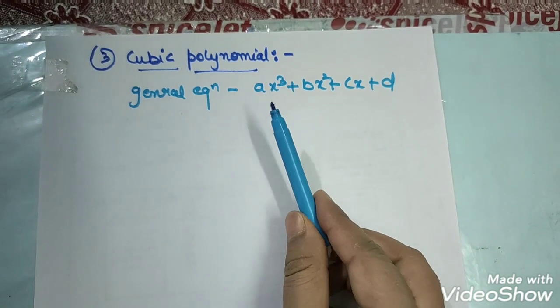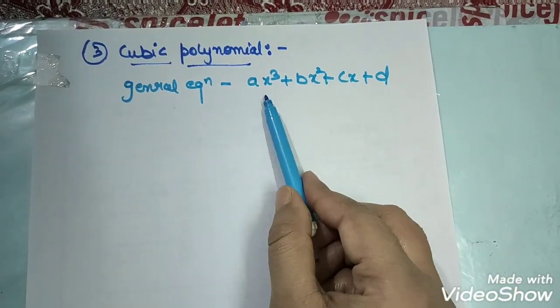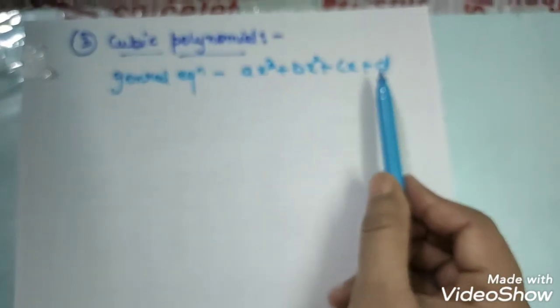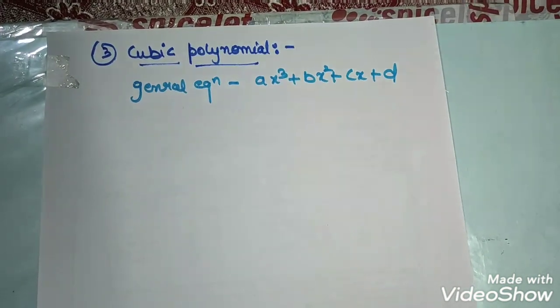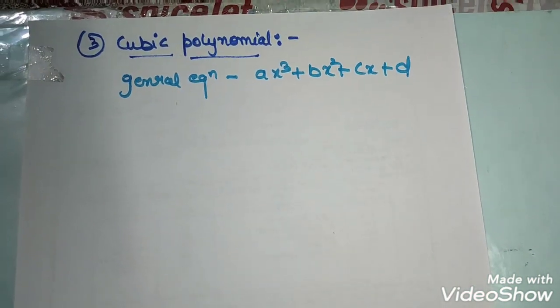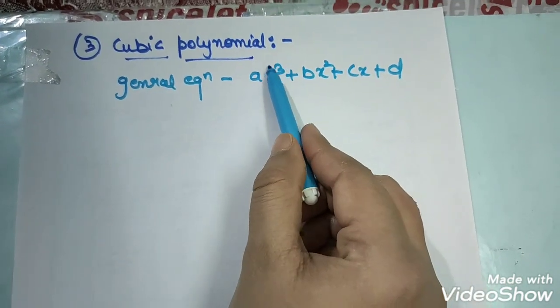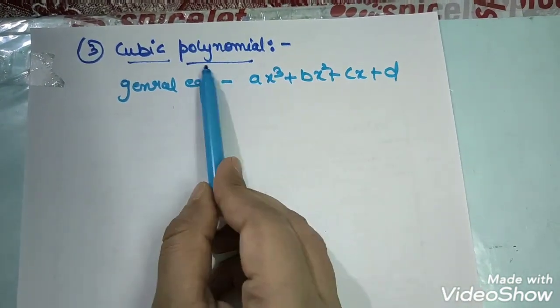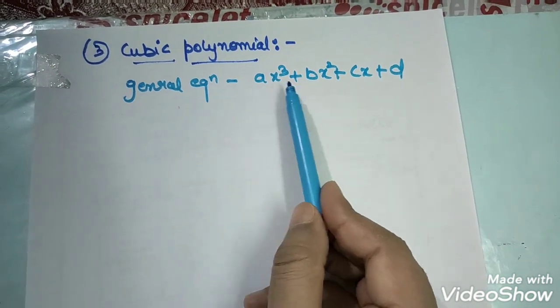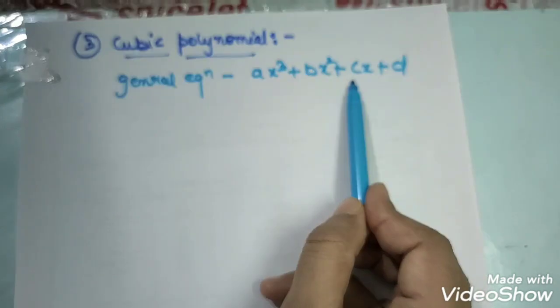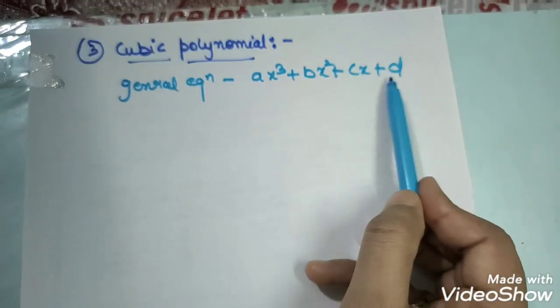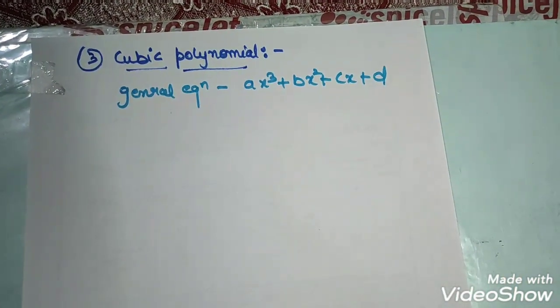Now look, here are 4 terms: ax cube, bx square, cx, and d. And the highest power here is 3, so therefore it is called a cubic polynomial. The coefficients are a, b, c, where d is the constant here.